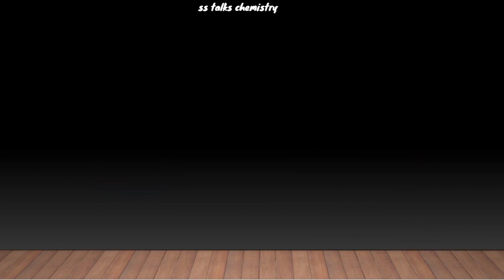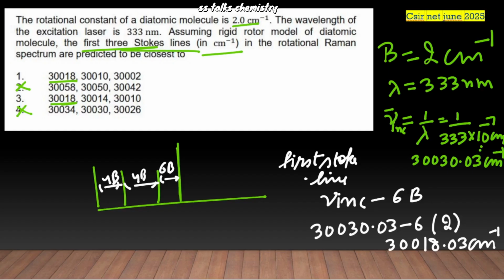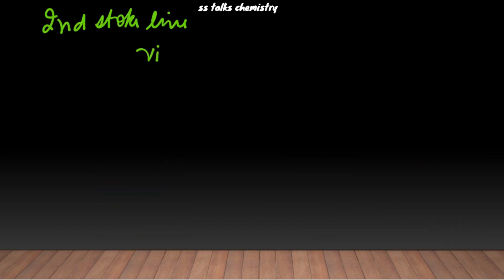Now in a similar way, the second Stokes line you can find. You see this complete distance becomes 10B, right? Similarly for the second one, the gap will be 14B. So from the incident, subtract 10B.